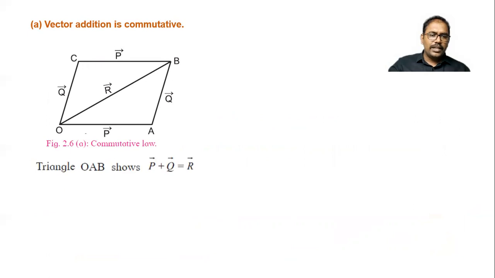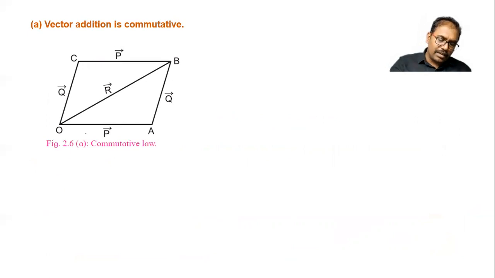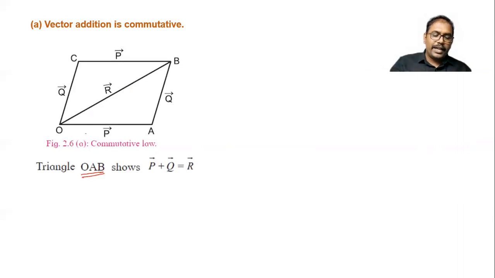So I consider here, this is a triangle. So this is a parallelogram. So with this diagonal, two triangles we get. This is the first and this is the second triangle. Okay. Now here, see triangle OAB. OAB means this one.